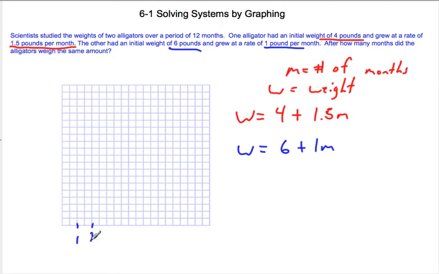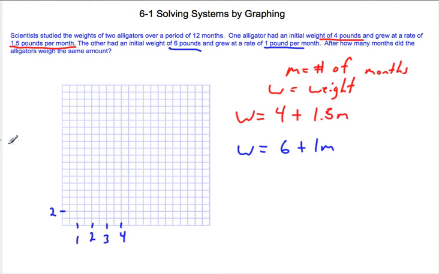Alright, so this will be 2, and 3, and so on. And then the weight, let's see, how much are we going to get up to here? I'm not quite sure. If we go up to 10 months, the weight could be, I don't know, up to 20 pounds. So let's say each line is worth 2 in this case.